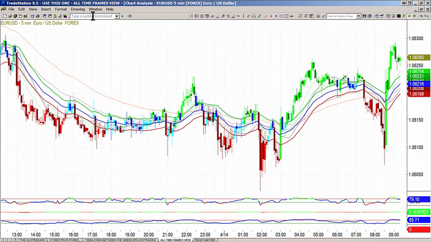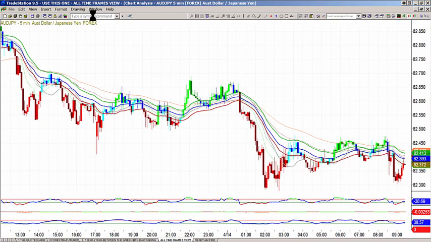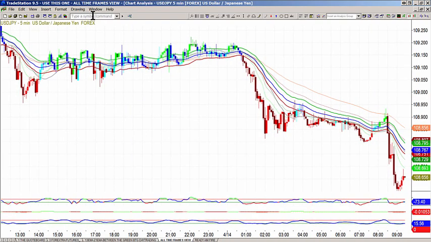Okay, interesting. And dollar yen, as a way to look at the risk environment, yen stayed pretty strong. Yeah, yen stayed pretty strong. Now realize dollar yen was kind of a double whammy because we got dollar weakness and we had yen strength on the data.